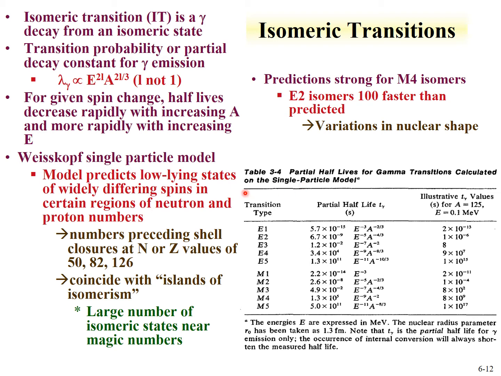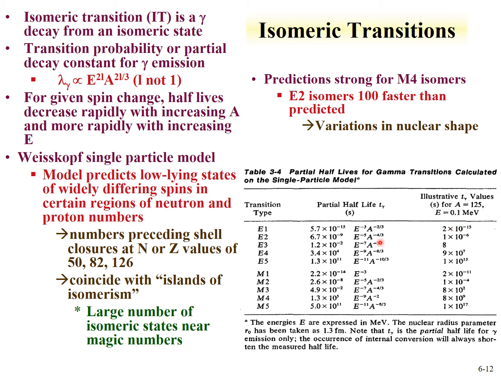Examples are shown here on this table where we can evaluate a partial half-life based upon the A and the E. These are for different transitions, so the L is built into the transition types. And we can use these partial half-life calculations to estimate the expected gamma transitions based upon, in this case, an A of 125 and an energy of 0.1 MeV.